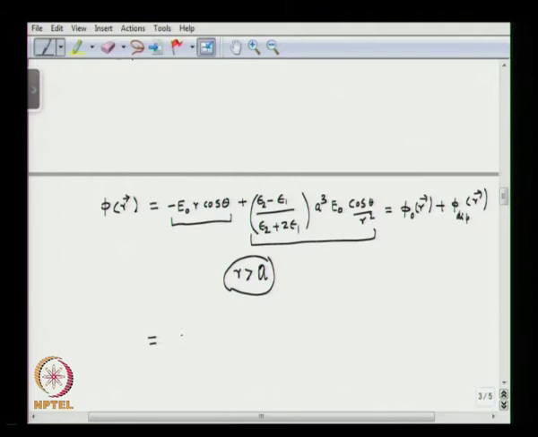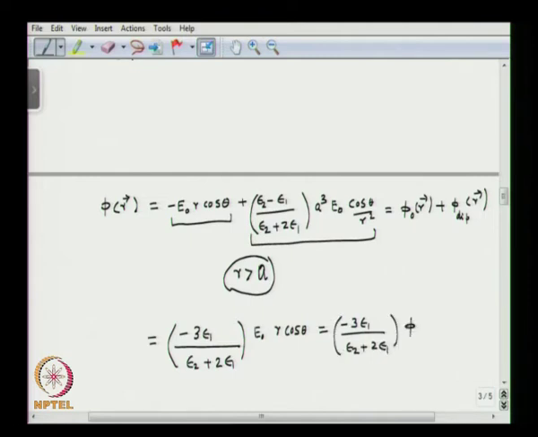So that would be minus 3 epsilon 1 divided by epsilon 2 plus 2 epsilon 1, into E0 r cos theta, which will be equal to minus 3 epsilon 1 over epsilon 2 plus 2 epsilon 1, into phi 0 of r, for r less than a.